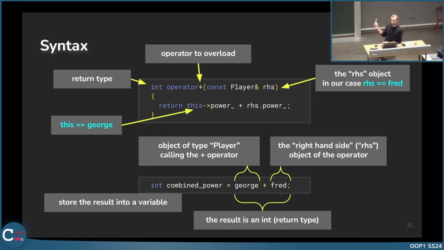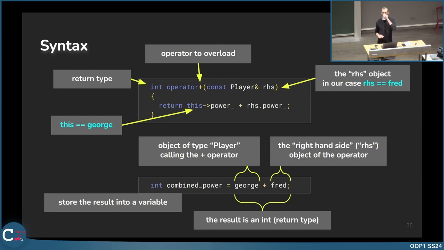Is that clear? So are there any questions to this? Because this is very important to know to get an understanding how this in general works. When you call operators, it's always called on the left side. So inside the class, you can access the left side of the equation with this, and the right side is always in the arguments. Any questions to this?